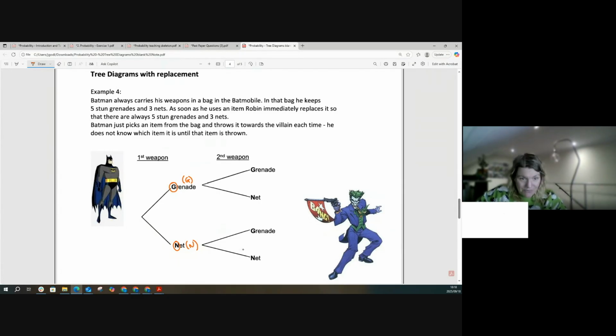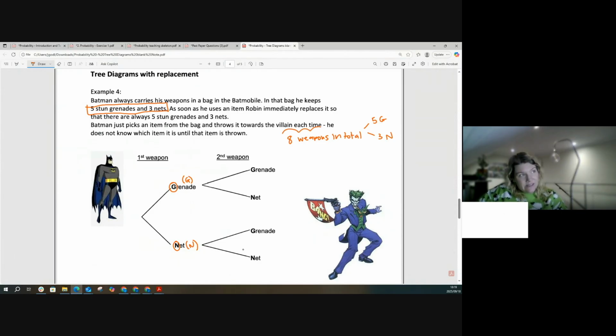So now let's look at our probabilities, because this is one step harder. How many weapons does he have in total if he has 5 stun grenades and 3 nets? Good. Okay, so we've got 5 stun grenades and we've got 3 nets.